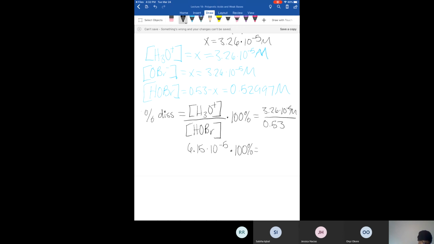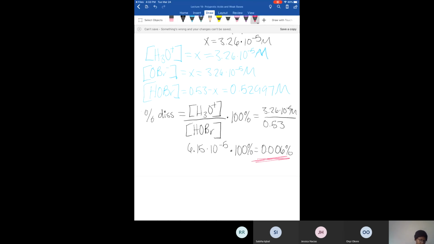So it's about 0.006%. So it doesn't dissociate very much. Pretty much, the smaller your K constant is, the smaller your percent dissociation is. So this is your answer.